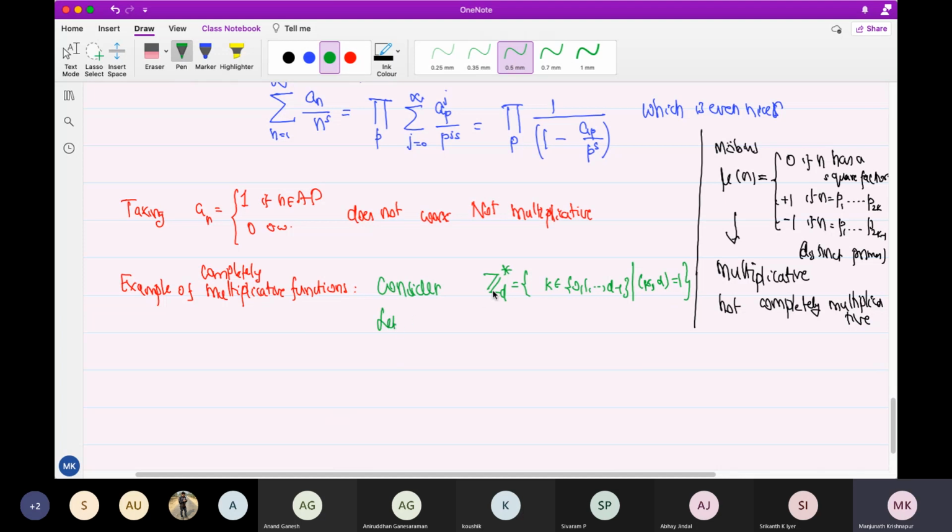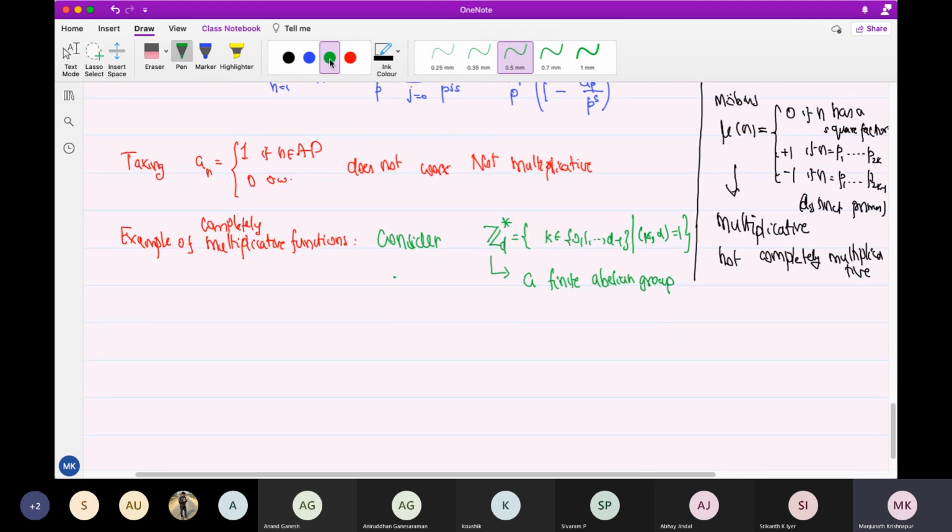This is a finite abelian group, so it has characters. The cardinality is phi of d, and that is the number of characters.